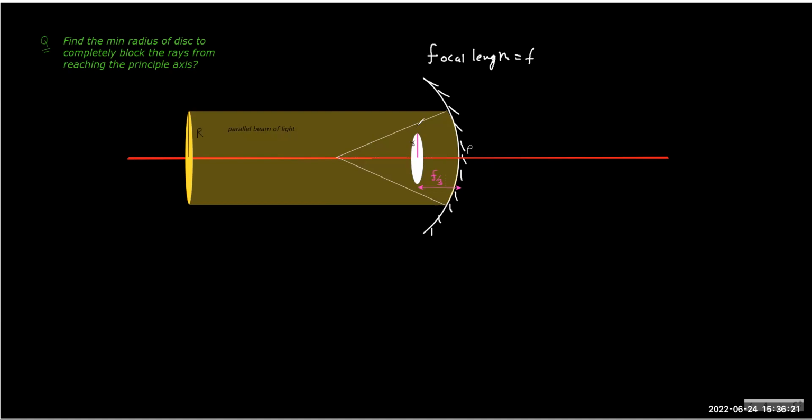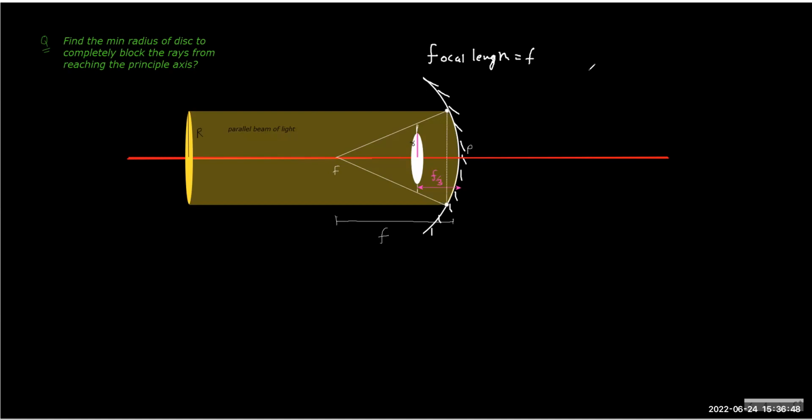So we must make sure that the disk is up to here, correct? Then only it can block everything. And if it is meeting here, so this must be equal to R. So we are only supposed to find the similar triangle, and it's done.